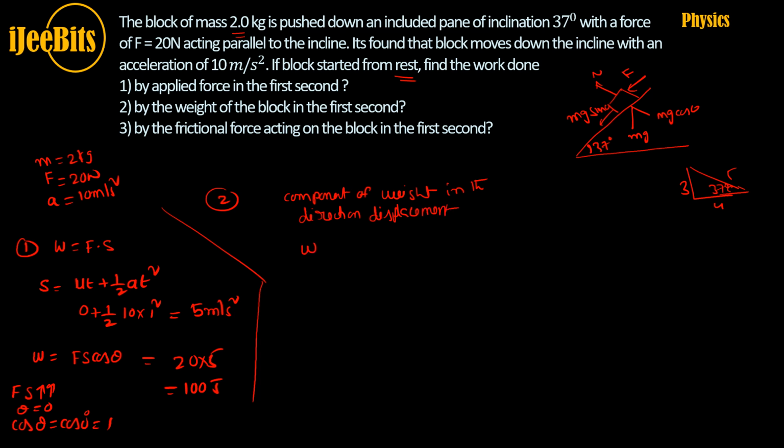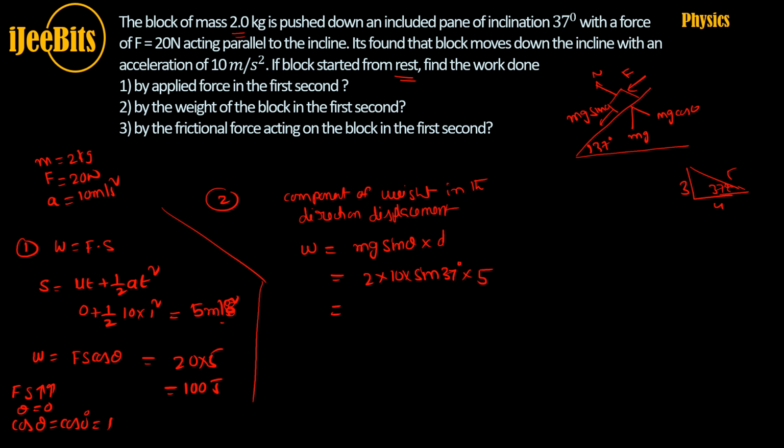So work done would be now mg sin theta into your displacement. What is the m value? 2, g is 10, and sine 37 degrees, and your d would be 5 meters.